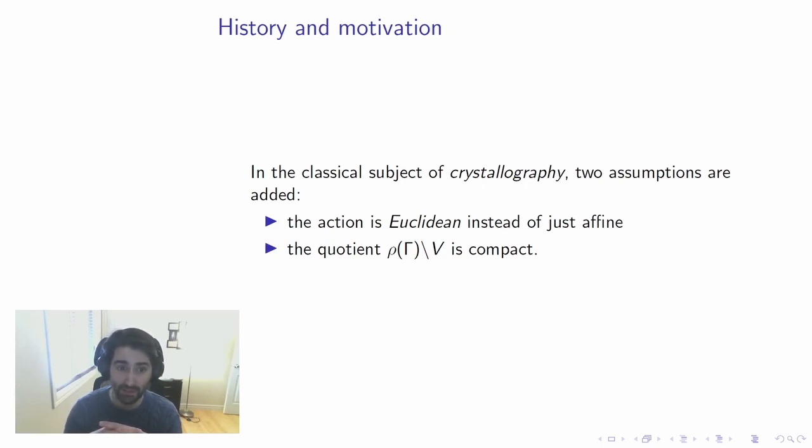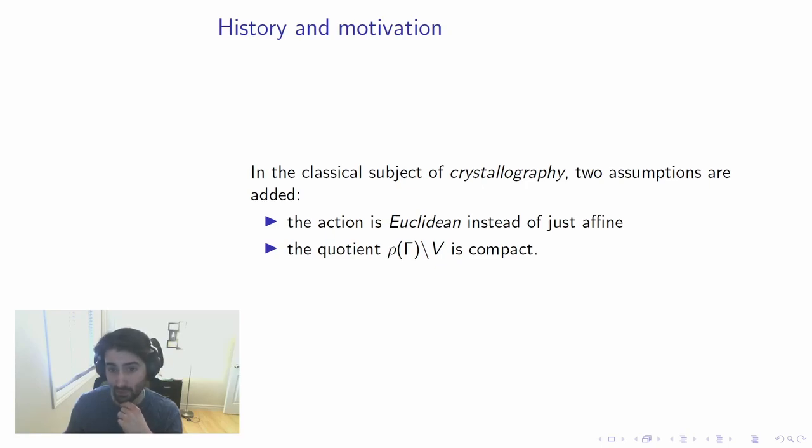When we talk about at least the classical subject of crystallography, the one that has applications in physics, maybe for classifying the possible shapes of crystals in any dimension, then you want your transformations to not just be affine, as in the previous slide, but you want them to preserve distances.